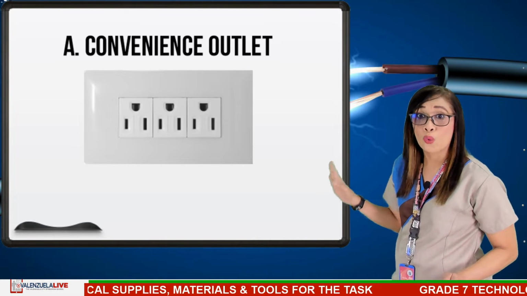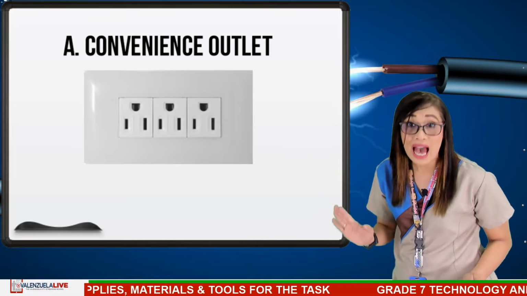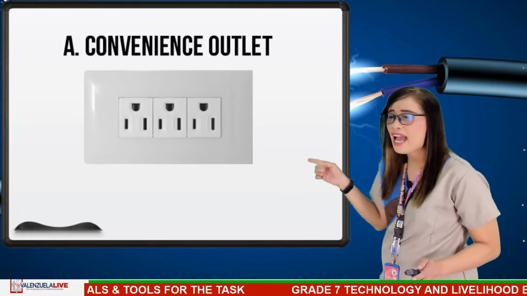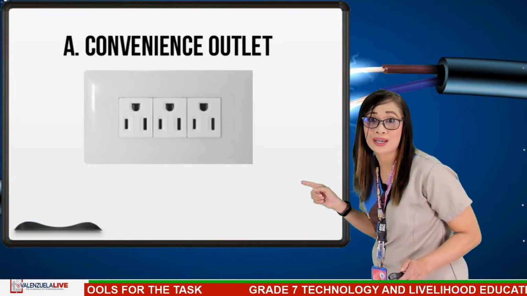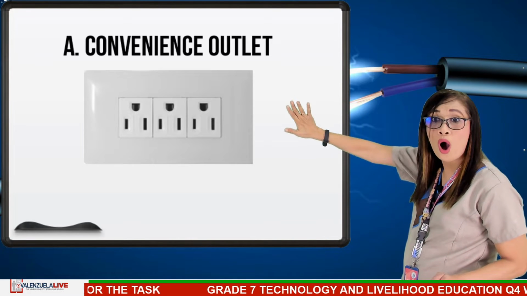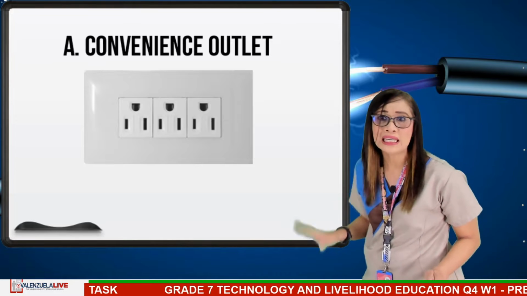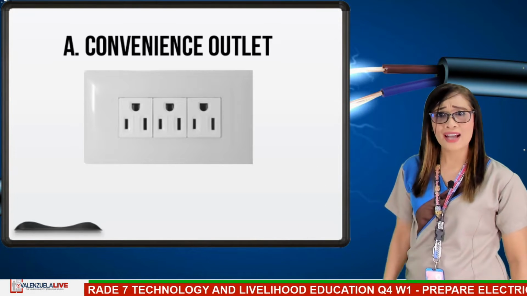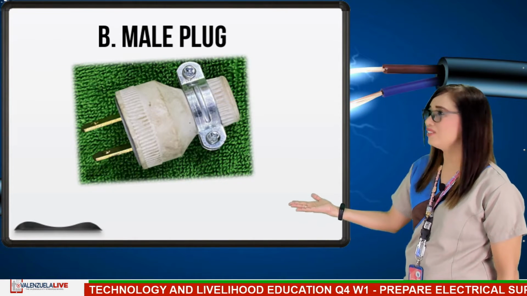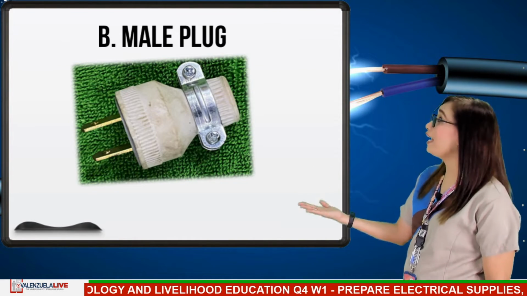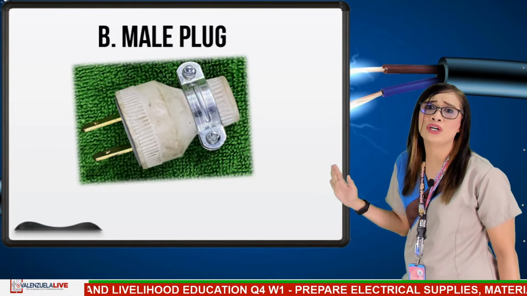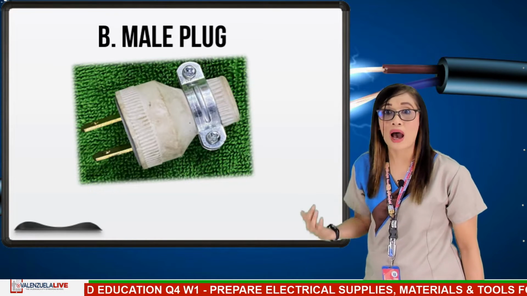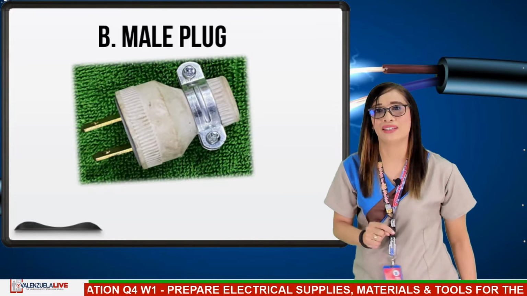It is where the male plug of an appliance is inserted and usually fastened on the wall or connected in an extension cord. Next is male plug. This is a device inserted to a convenience outlet to conduct electric current.